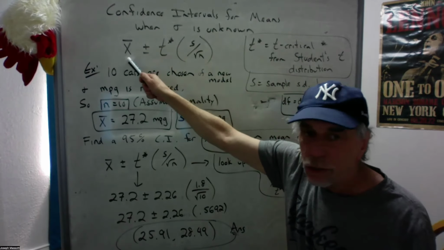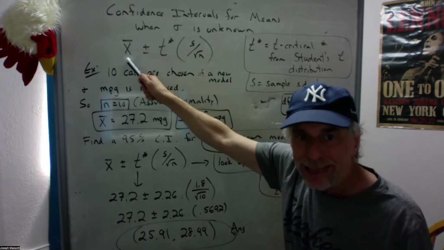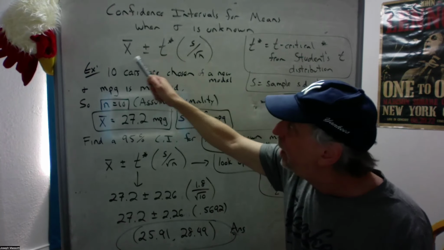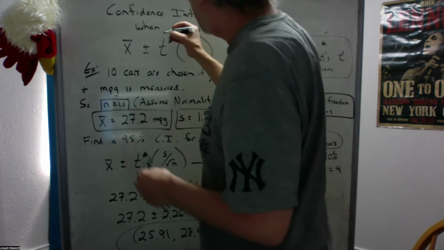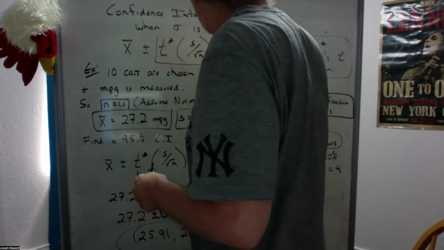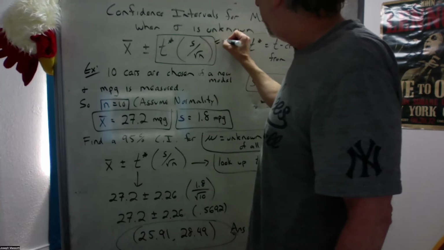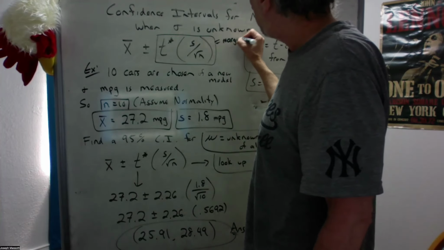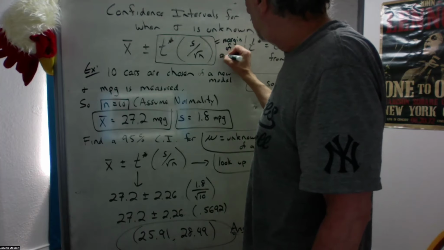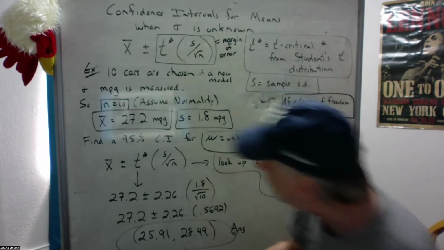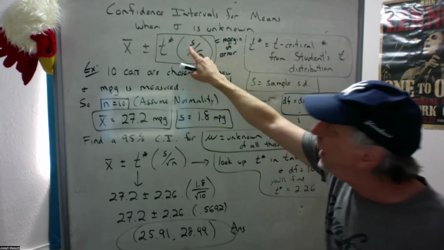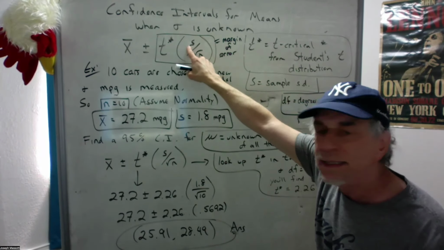The center of the distribution is still going to be the sample mean that we get from our data. But now we're going to go out our margin of error again here. This is our margin of error. Now it involves a t critical value instead of a z critical value, and we have to use this s instead of sigma.